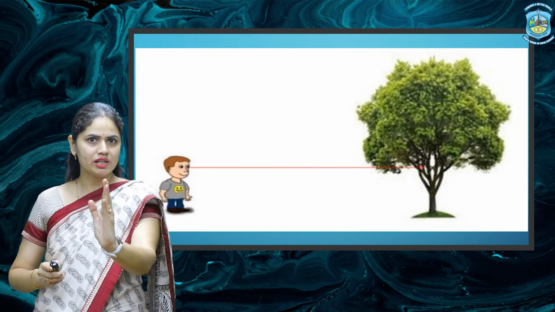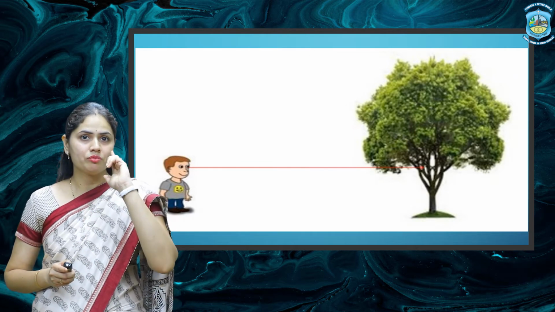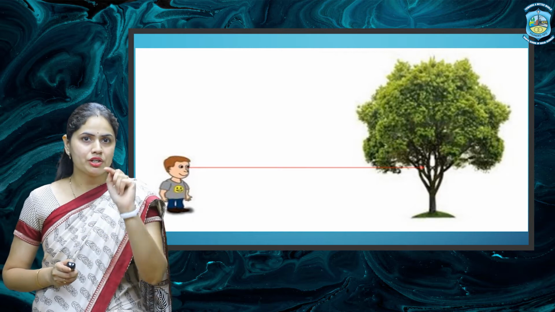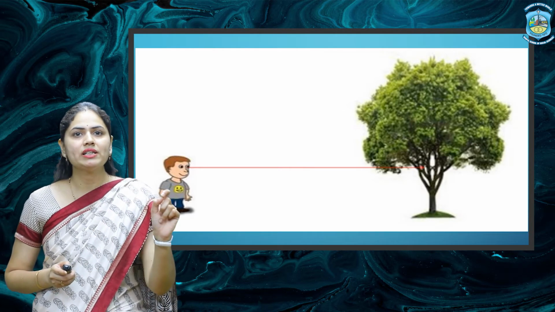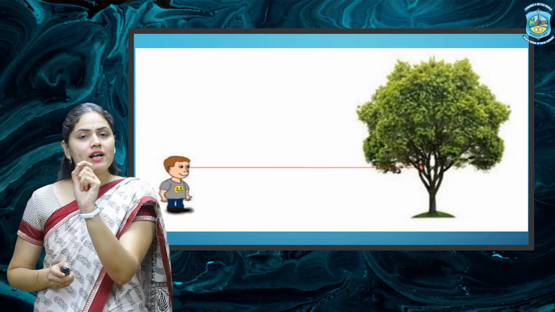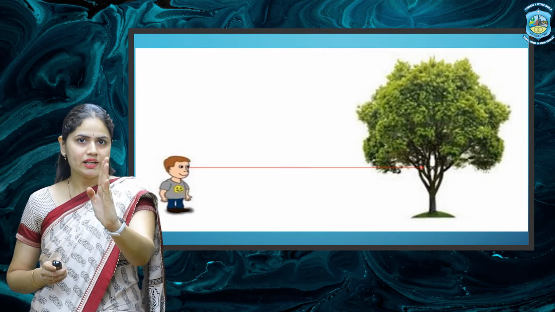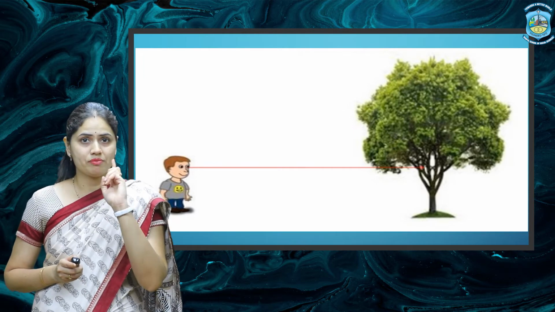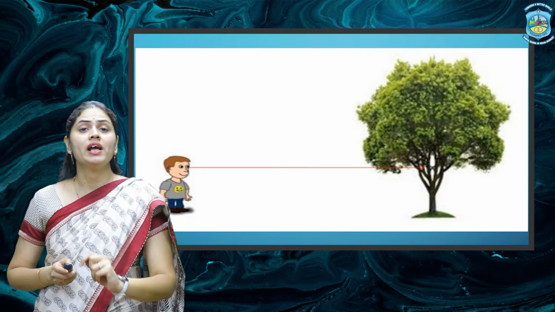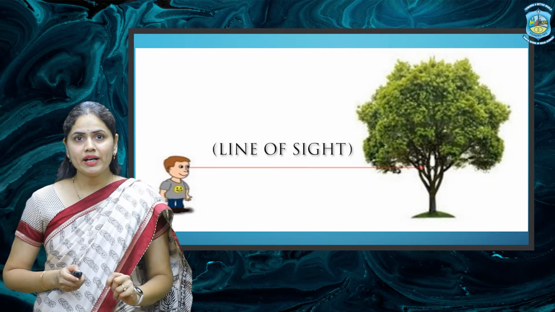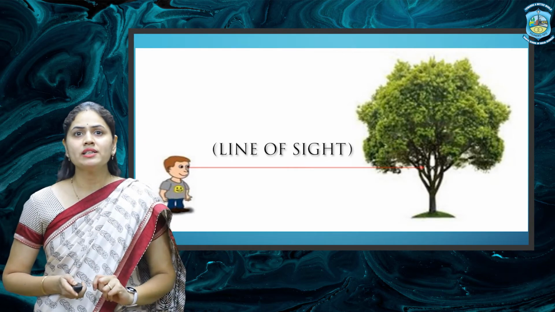The imaginary line which is drawn from the eye of the person to the tree is called the line of sight. You can see in this picture the red line which is directly connected from the eye of the person to the tree. So this imaginary line is called the line of sight, or it is also called the line of vision.